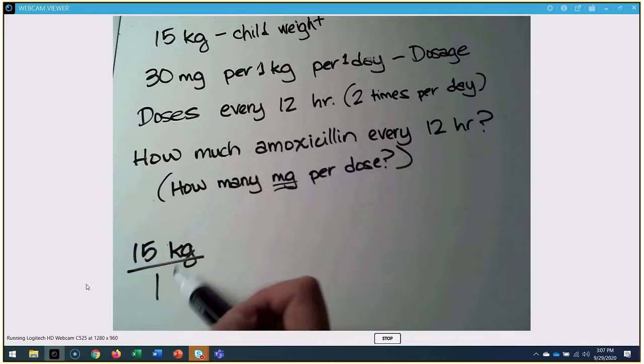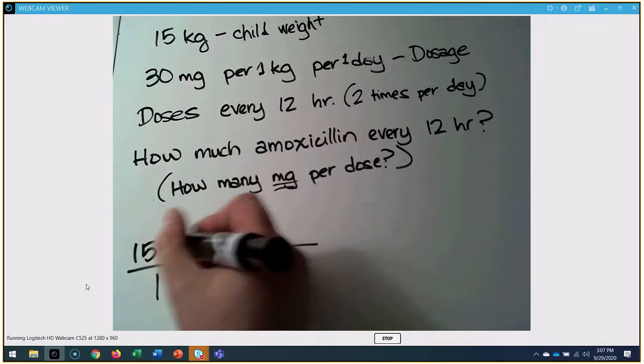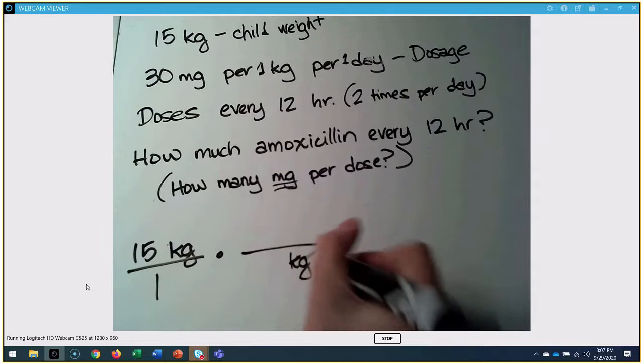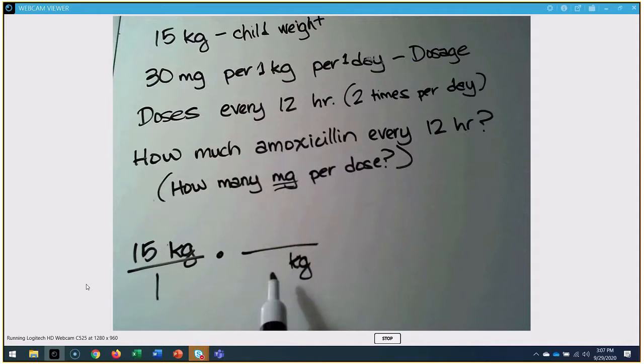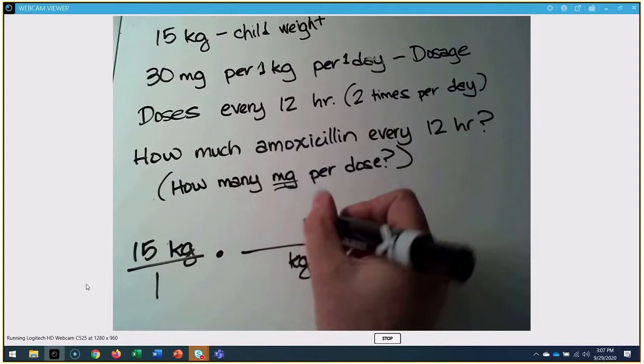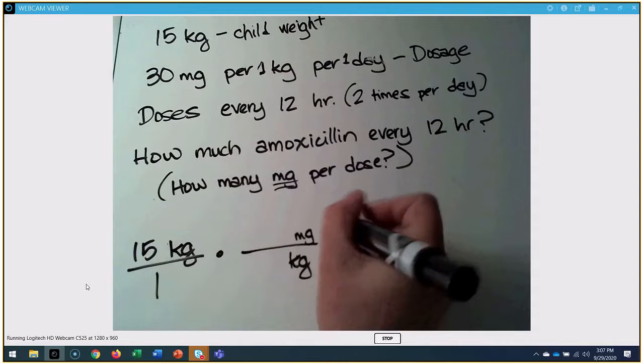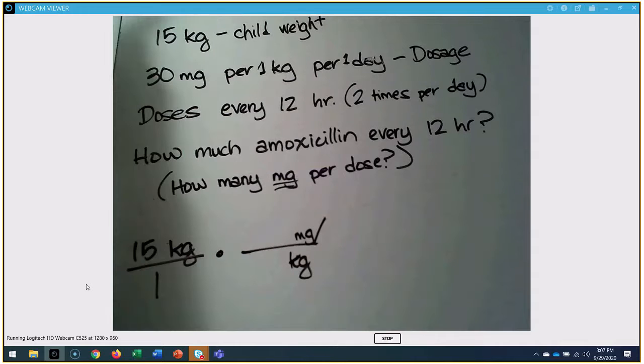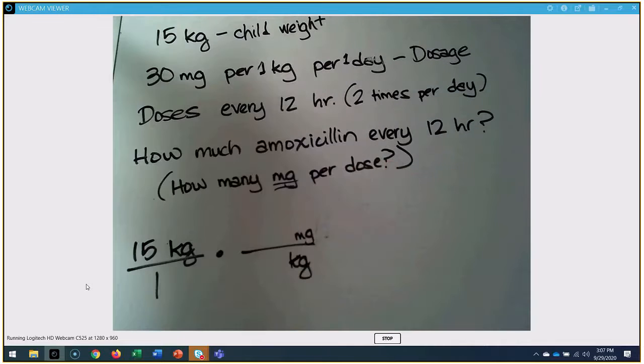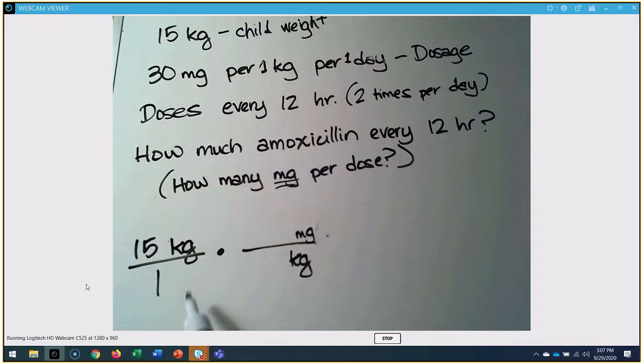So I'm going to take this and multiply, putting kilograms down here. That means that this will be up here. Okay, so I'm going to take 15 kilograms and multiply it by something that will cancel my kilograms and leave me with milligrams.